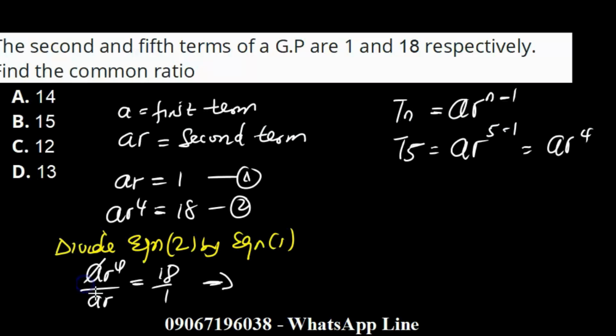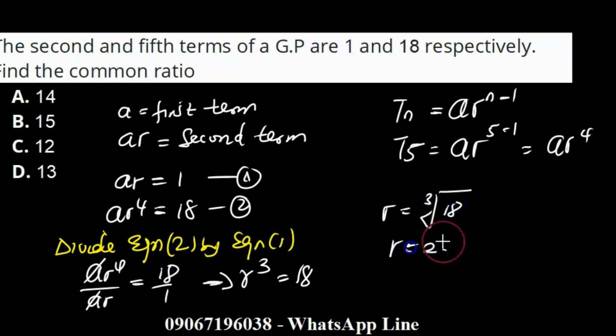A will cancel A, and with the indices, this is going to be R raised to power 3, because this will cancel out and one R will be left, is equal to 18. Moving on from there, R is going to become the cube root of 18, and R is going to give you 2.62. So take note of this, there's no option here, so I think it's a typographical error in the question. Now to where we got the question from.